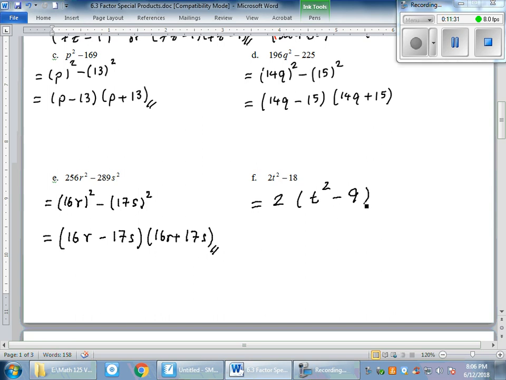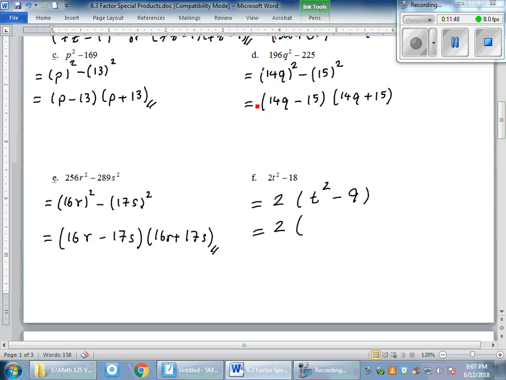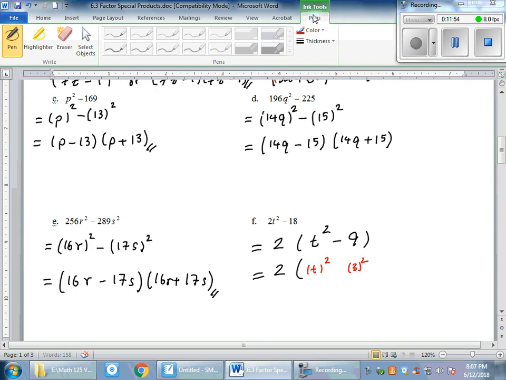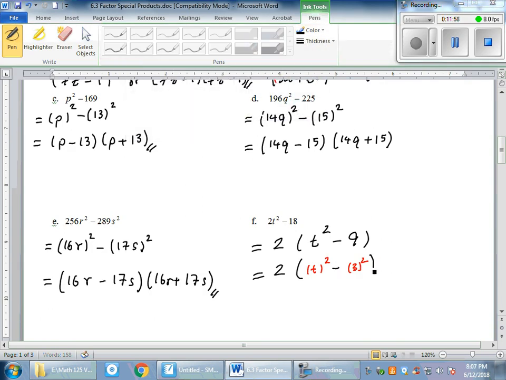So now this leftover binomial is a difference of two squares because t squared minus 9 is also a perfect square. So I can rewrite it as 2 times t to the second power and then 3 to the second power, looking at my first and last like that.